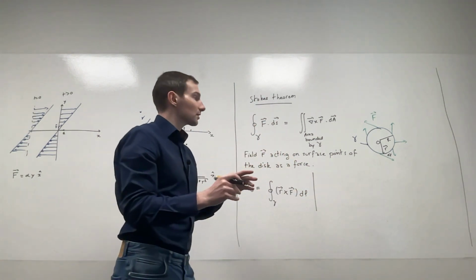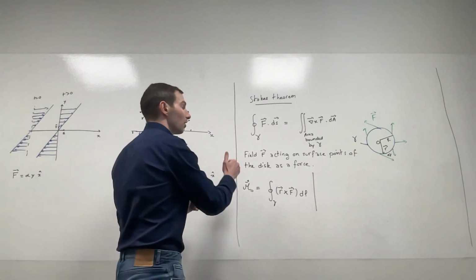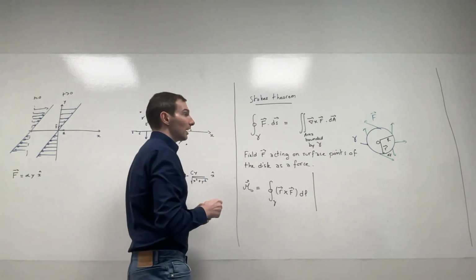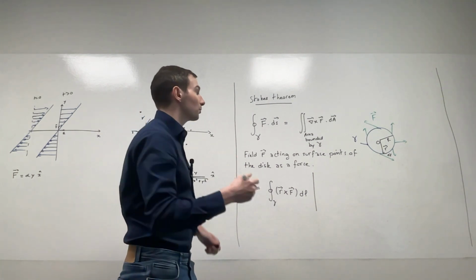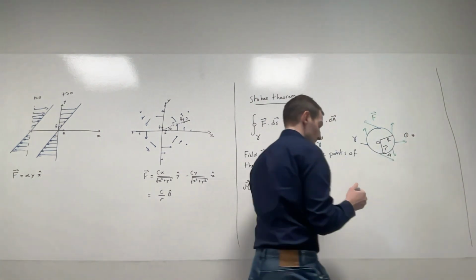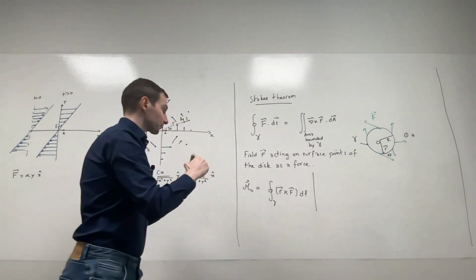So what that means is that when you take the cross product, it is going to return a vector which is perpendicular to the board. And this vector is going to be along the z direction. So I'm going to call that z, and z is pointing that way.